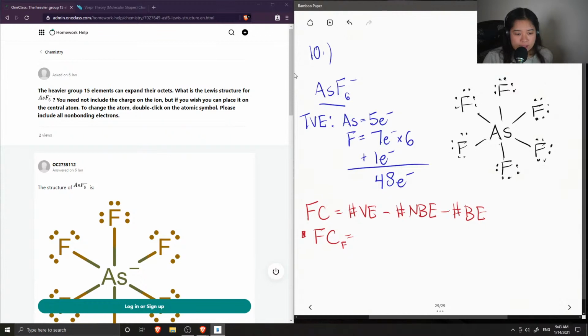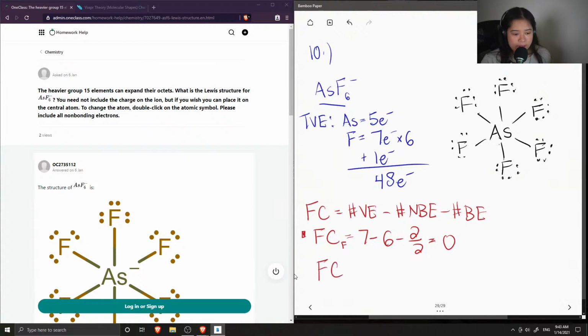Fluorine has 7 valence electrons, and there are 6 non-bonding electrons in the form of lone pairs, and only 1 single bond, so 2 bonding electrons divided by 2, making the fluorine have a 0 formal charge.